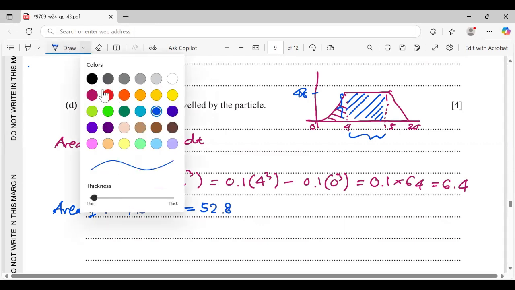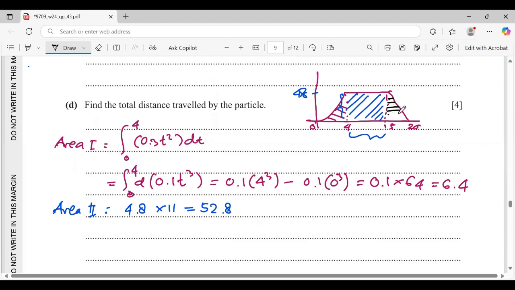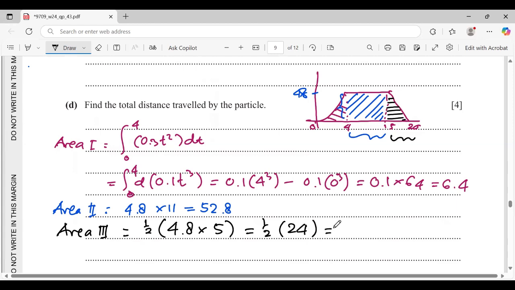And the third is this one, a triangle. Area 3 is a right angle triangle, as this is 5 and this is 4.8. So 1/2 times 4.8 times 5 is 1/2 times 24. It is 12.